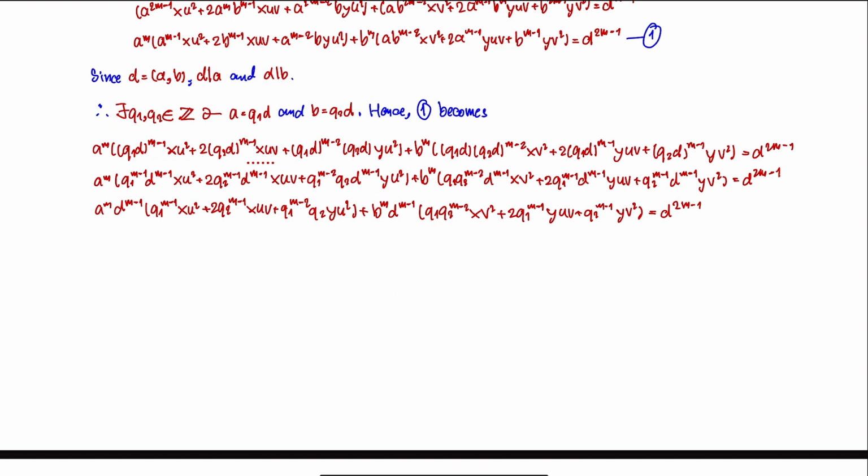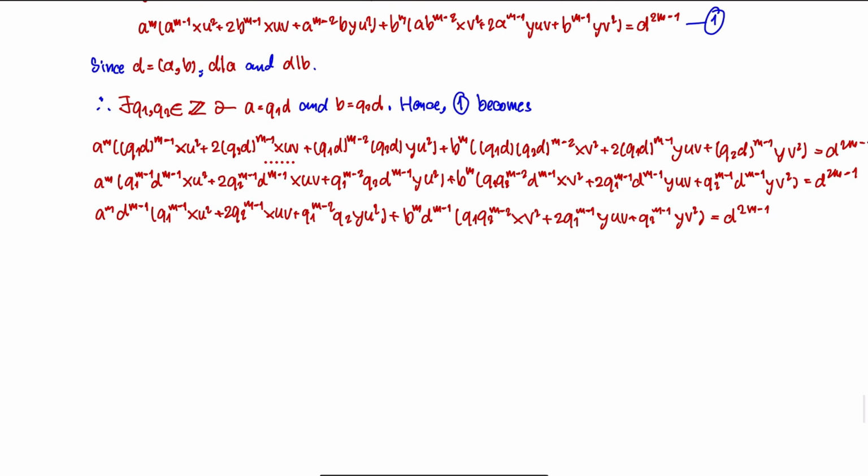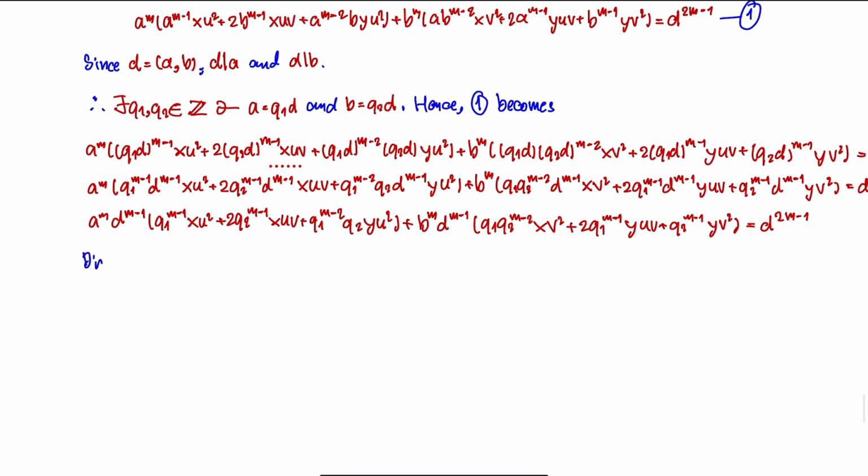Okay, and we divide both sides by d raised to the power of m minus 1. So what do we have? We have a to the m, right? This d will be gone.